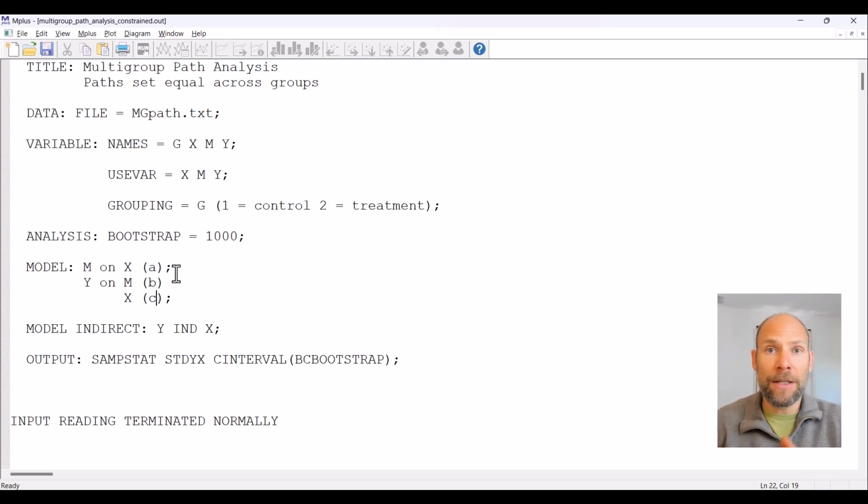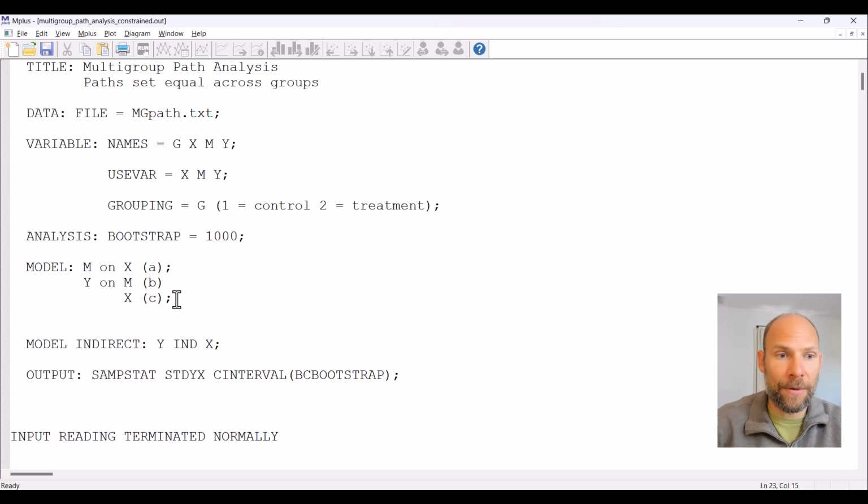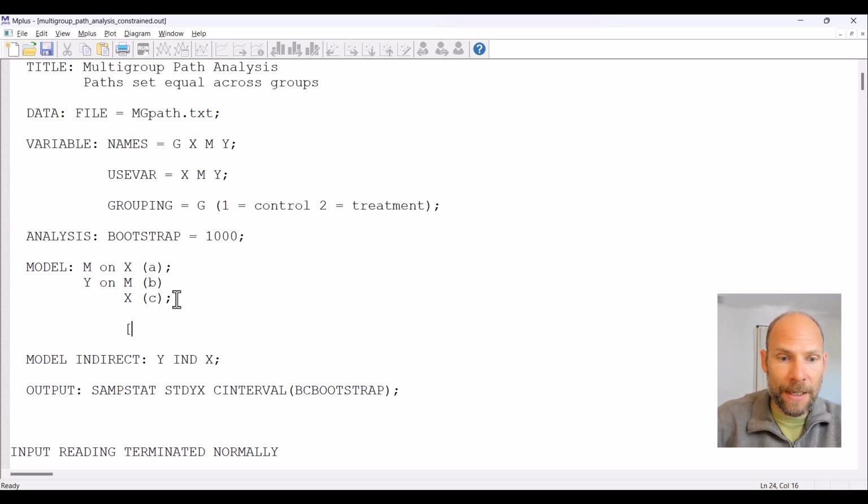In addition to that, you could also test whether intercepts are the same across groups. That would work in a similar way. If you specify the intercepts for these regressions, you could set them equal. For example, for the M intercept, you could say M is my intercept, and then I'm giving this a label, for example, inter M or something like that.